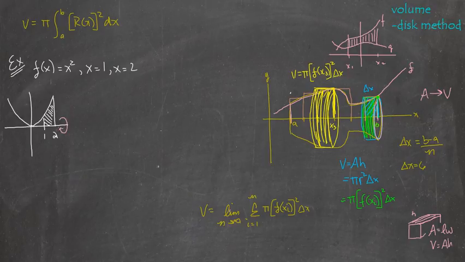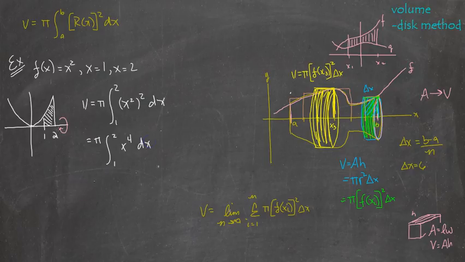So now let's calculate the volume of that solid using just the formula. The volume equals pi times the antiderivative from 1 to 2 of f of x squared. Just because x squared is squared doesn't mean we're not going to square the whole thing. So the radius squared dx. So that's pi times the antiderivative from 1 to 2 of x to the 4th dx.